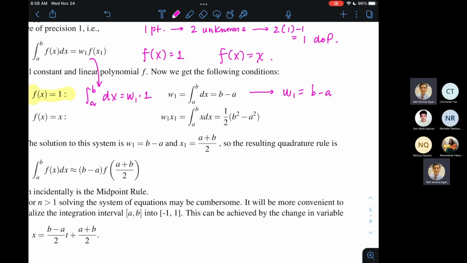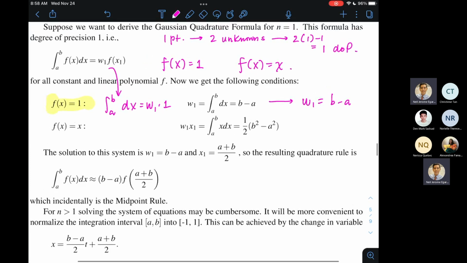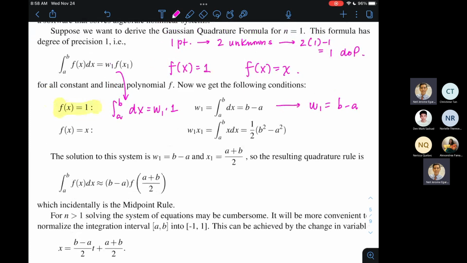Okay? And then next, again, since the formula promises to have degree of precision 1, it should also give us an exact integral for x to the power 1. So to get the next equation in our system, I'll need to plug in f of x equals x into the quadrature formula. Now this would be integral from a to b of x dx equals W1 times f of x1.